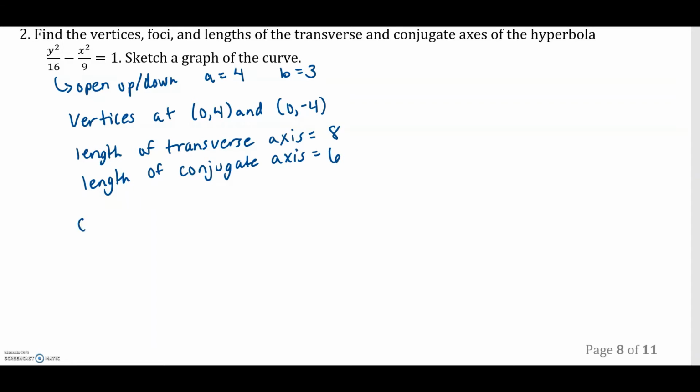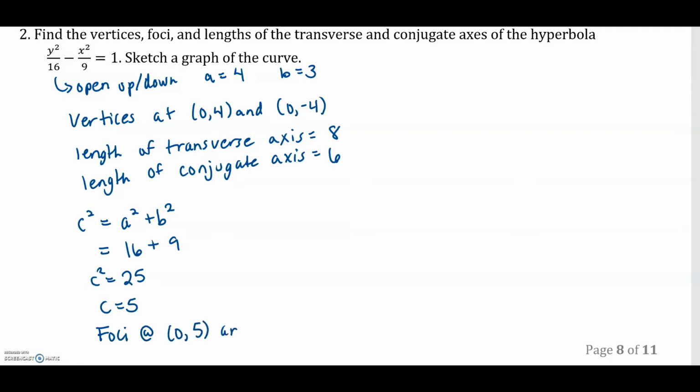Now we need to calculate c, given that c squared equals a squared plus b squared, and that is 16 plus 9, or 25. Therefore, c is equal to positive 5, and we have foci at 0, 5 and 0, negative 5.